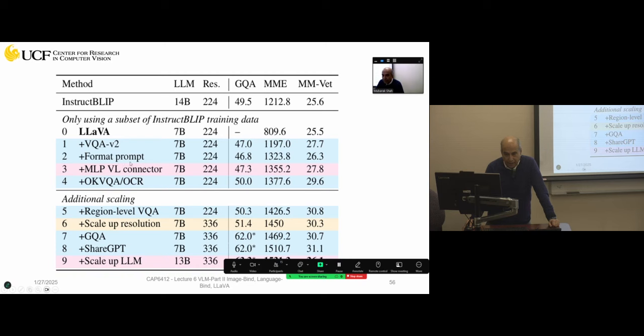Then they changed the prompt formatting, as I explained, so that also made some difference here. And then when they added the MLP, that made a difference. And they added another dataset, OCR, which made a difference. They did some more things, scaled up the resolution, and increased the image size from 224 to 336.